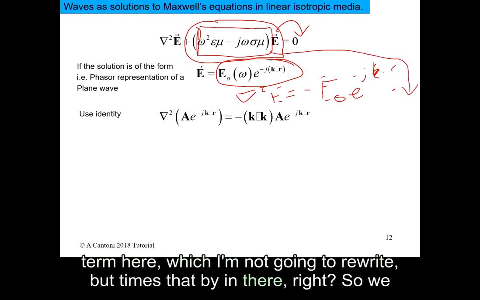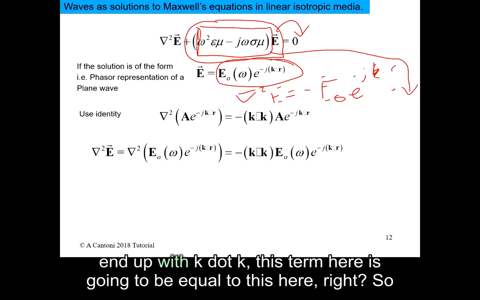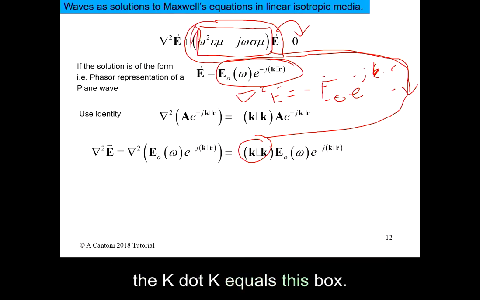So K dot K, this term here, is going to be equal to this box.